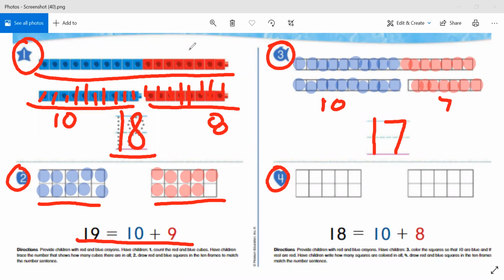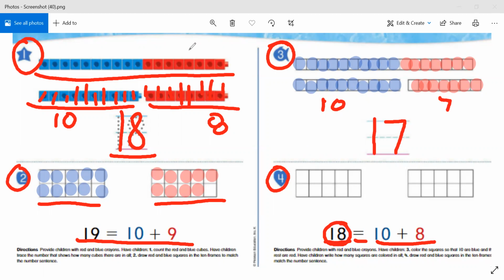Okay, let's look at number 4. Draw red and blue squares in the 10 frames to match the number sentence. So we have 18 equals 10 plus 8. Remember, this number represents all of the counters or all of the squares.